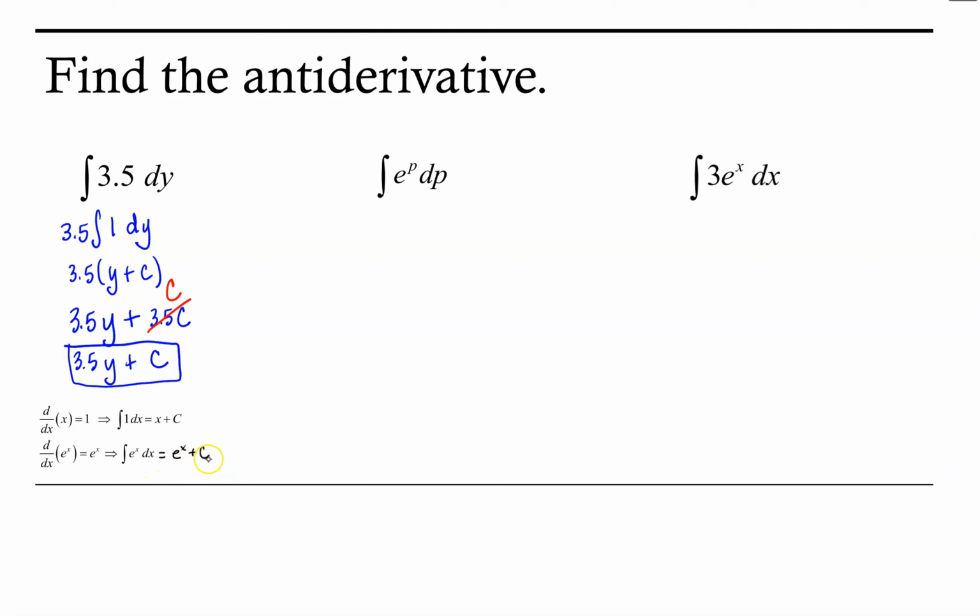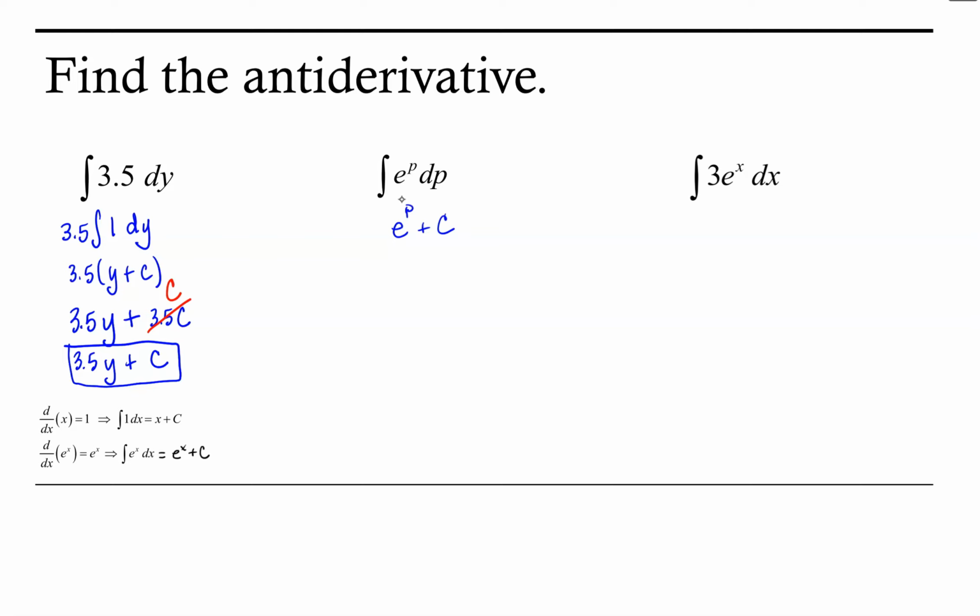So if I take the derivative of e to the x plus c, what would I end up with? I would end up with e to the x, or my integrand. So in this case, the antiderivative of e to the p is simply e to the p plus a constant.